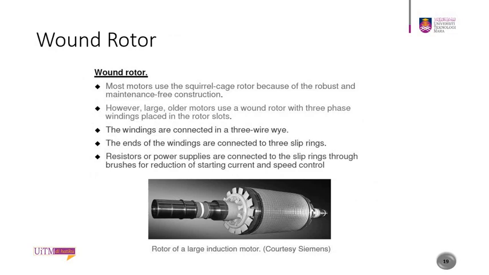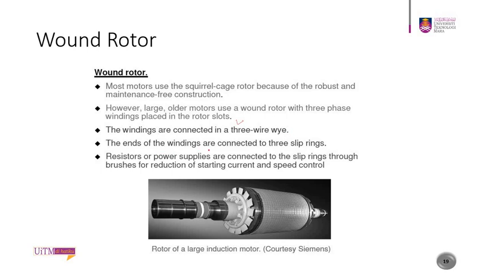Next will be the wound rotor. So for wound rotor, most motors use the squirrel cage rotor because of the robustness and the maintenance-free construction. But for larger models, for large and older motors, it uses the wound rotor with three-phase windings placed on the rotor slots, and the windings are connected in a three-wire Y connection.